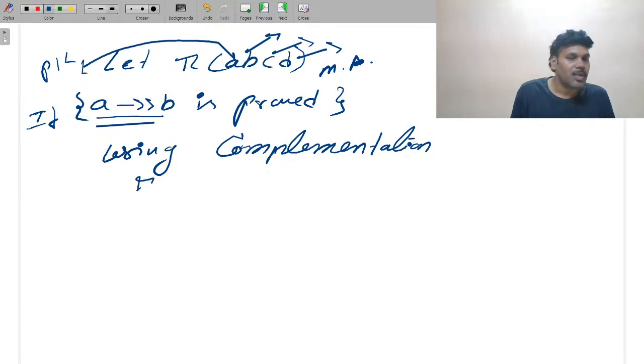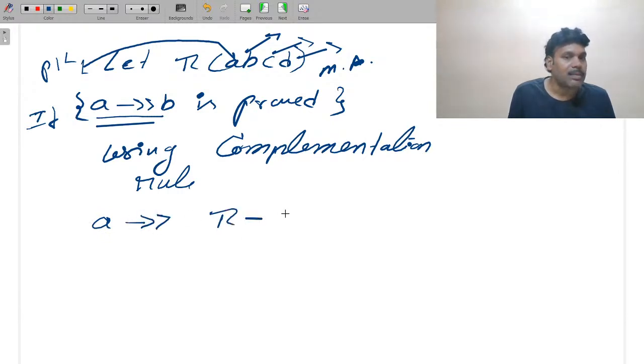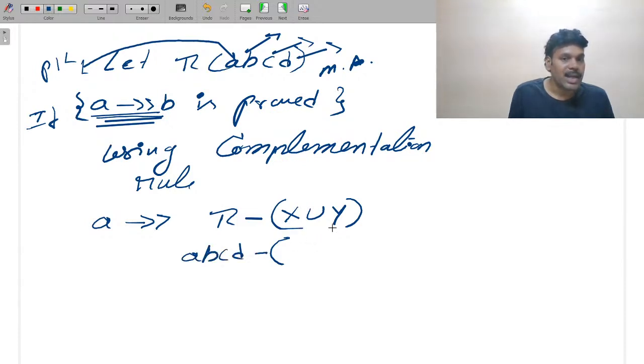What is that complementation rule? All other MVDs will be implied. What is that? A implies R minus X union Y. What is X union Y? Your AB only. So R is ABCD minus X union Y, which is A and B. Therefore, A implies CD also.